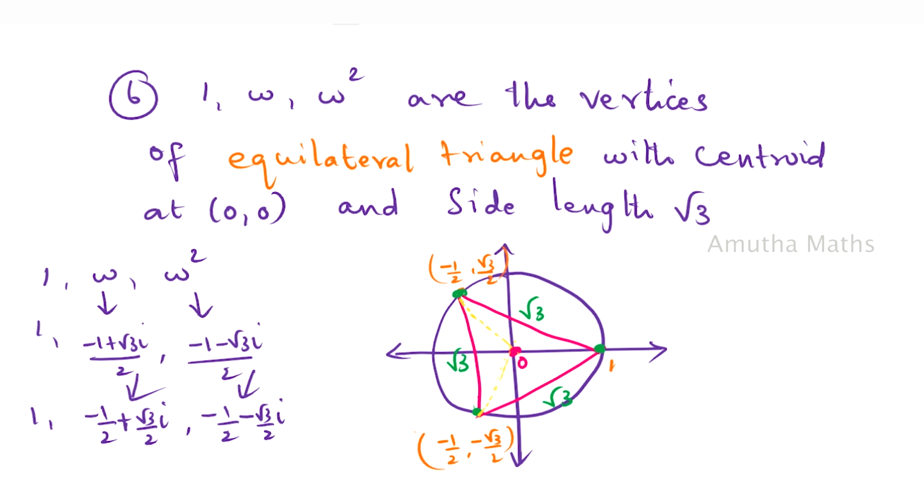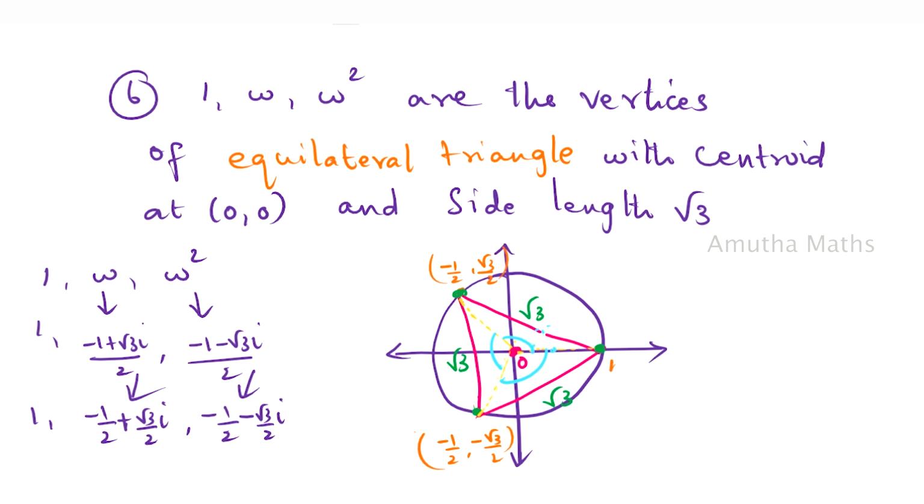All three roots are joined to the origin. All three angles will be the same. So they differ by an angle of 2 pi by 3.